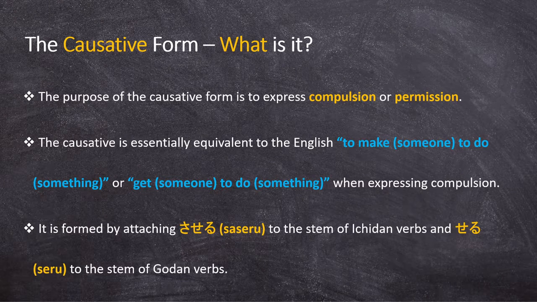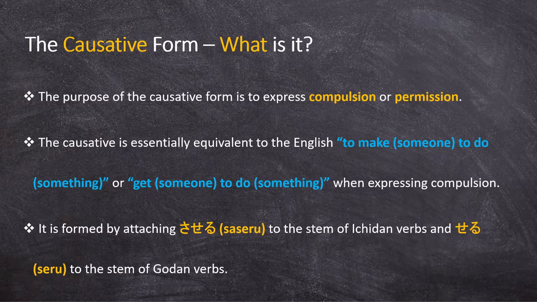And the final crucial piece of information is the selection of suffixes required to form this causative form: that is saseru for the Ichidan verbs, attached directly to their stem, and the same goes for Godan verbs, but instead of saseru, you need to use seru.